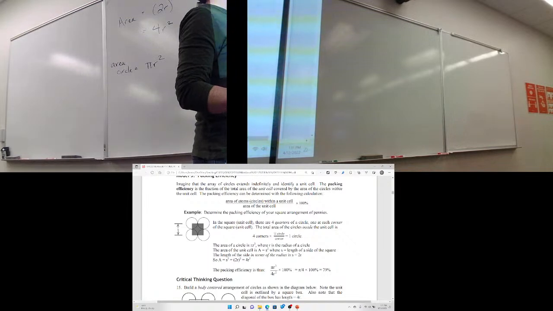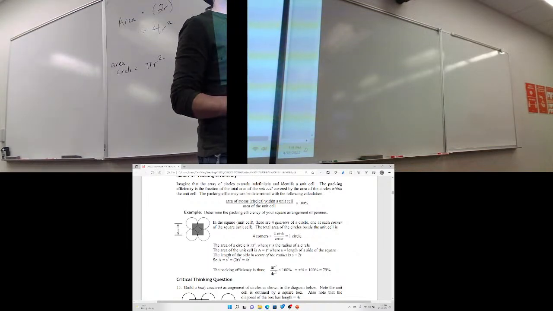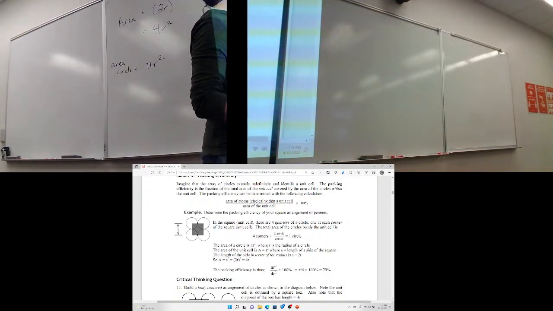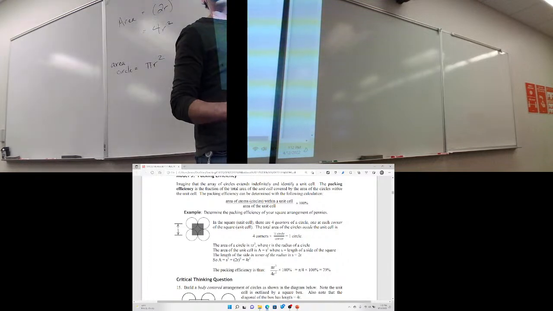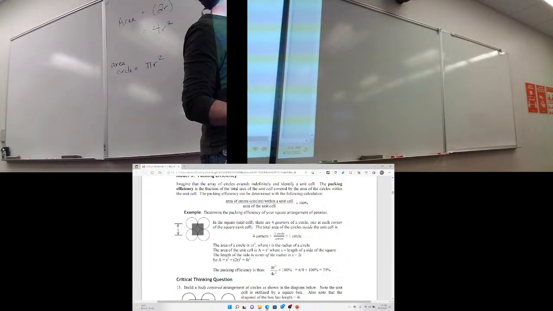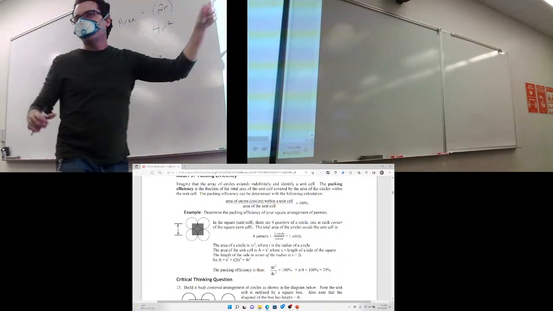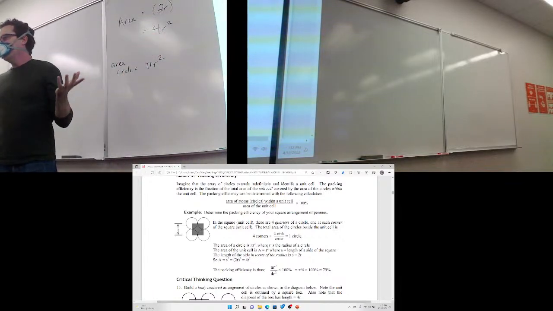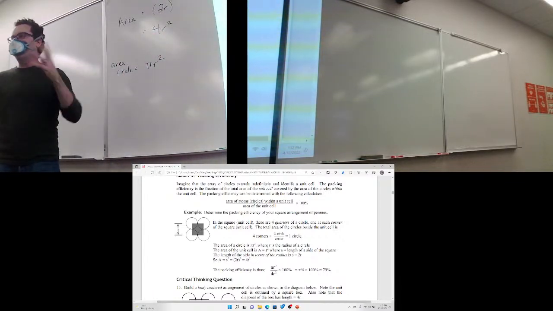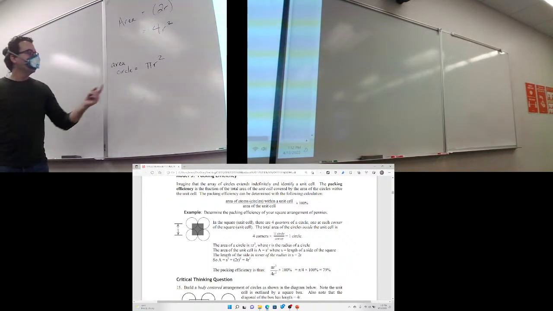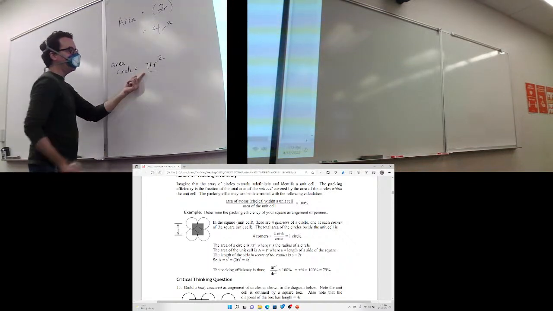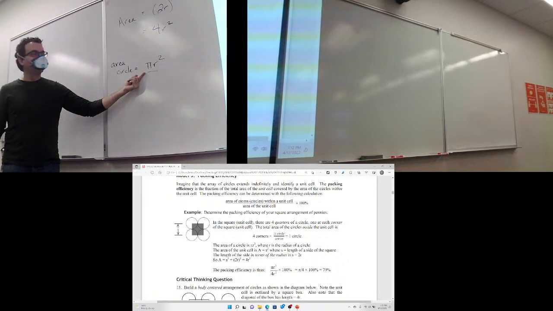How many atoms are inside this unit cell? Well, it's made of 4 atoms, but not all of each of those atoms are in. It's only a quarter of each atom that is in the unit cell. And there are 1, 2, 3, 4 quarters. So 4 quarters adds up to a whole. So if I take those 4 pieces, it adds up to 1 whole atom. So that's the area of 1 whole atom, pi r squared.